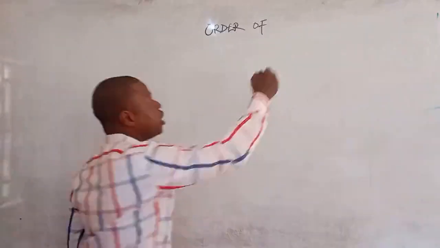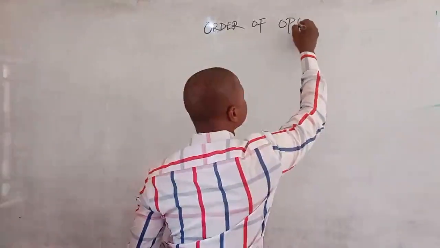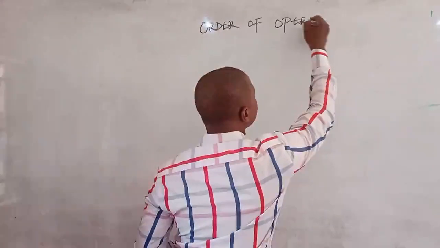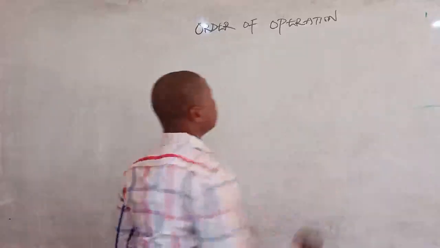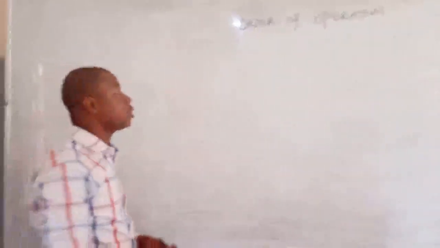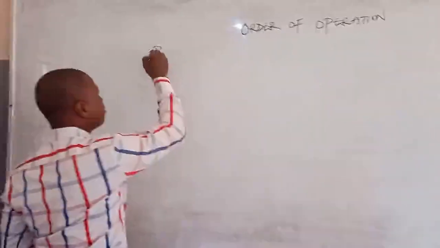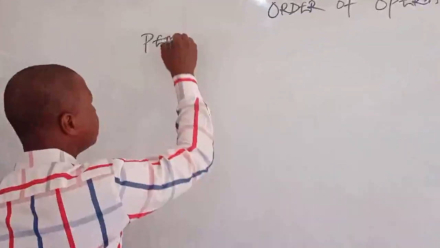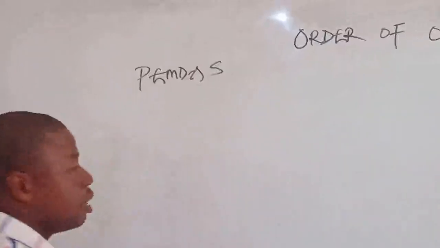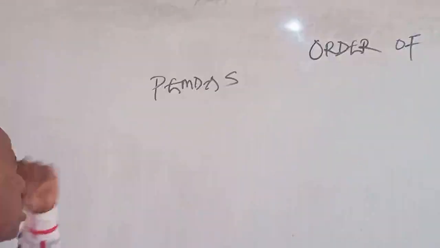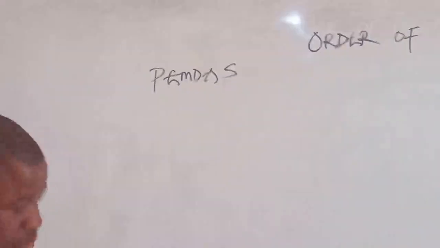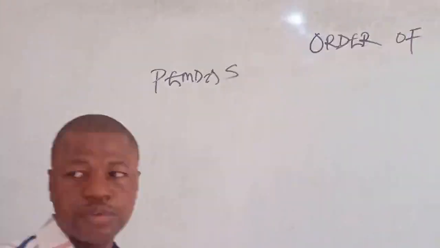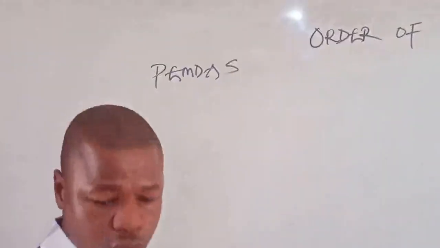So the correct way to solve expressions is to follow the order of operation that we call PEMDAS. P-E-M-D-A-S. P for parentheses, E for exponent, M for multiplication, D for division, A for addition, and S for subtraction.